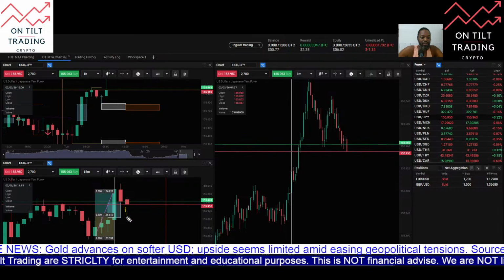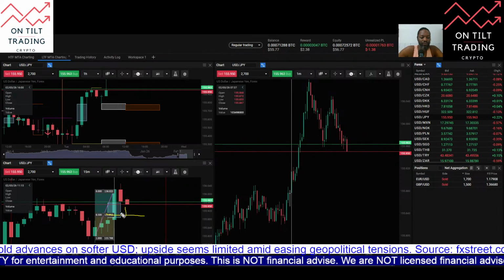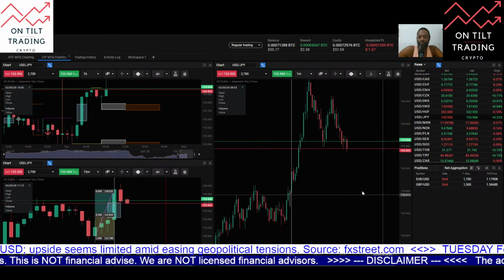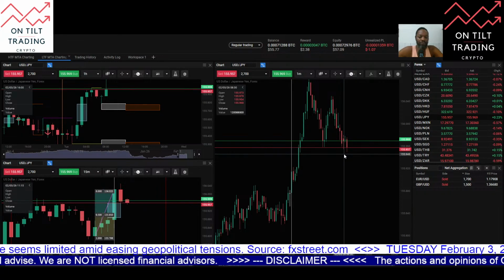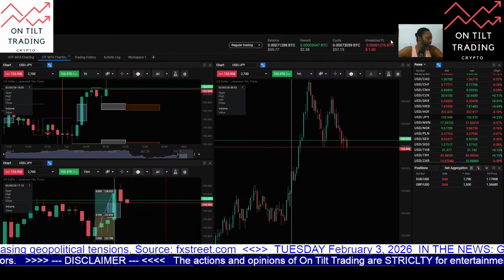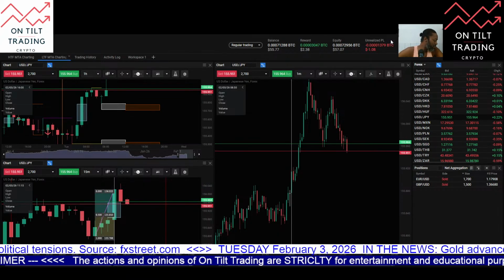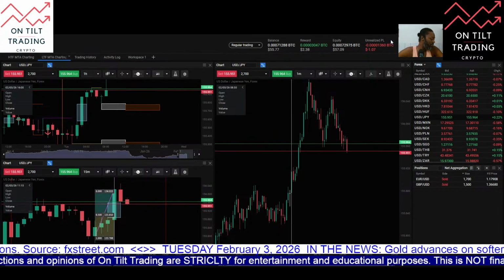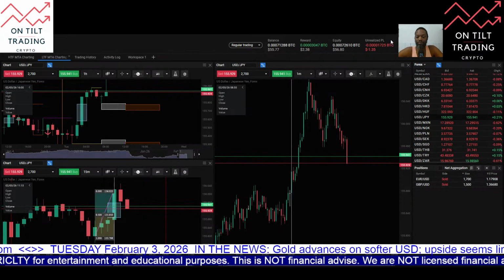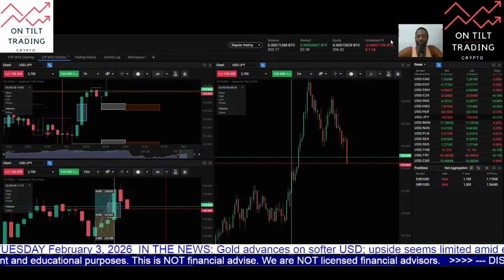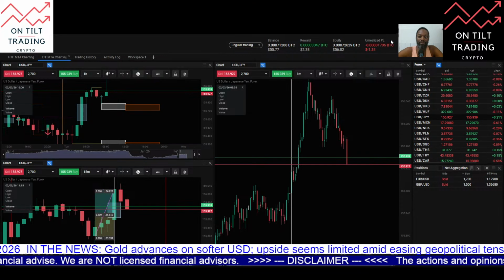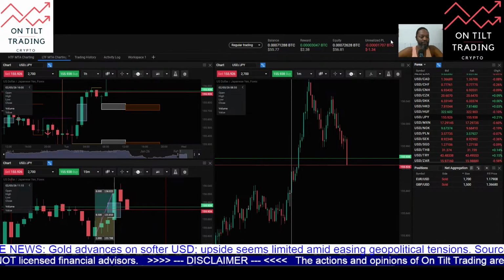So I want to see it continue at least until equilibrium here. And price is still delivering here to the sell side.